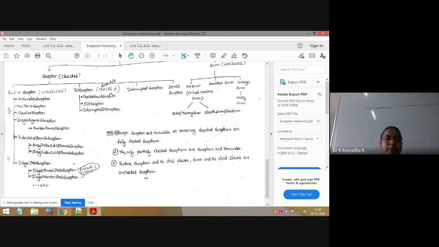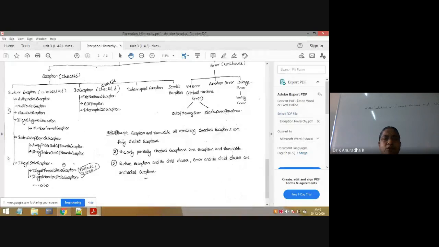If you want to remember the unchecked exceptions, there are only 18 unchecked exceptions in the entire hierarchy. So if you remember these 18 unchecked exceptions, other than these, the remaining exceptions come under checked exceptions. So if one exception class is given to you, then you should be able to tell whether that exception class is an unchecked exception class or a checked exception class.